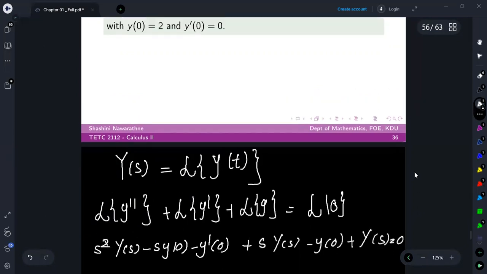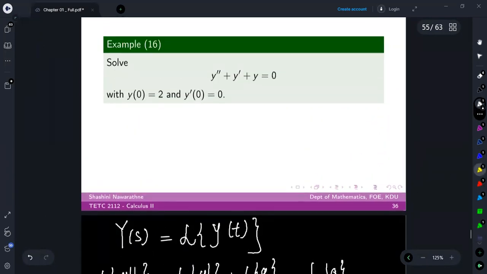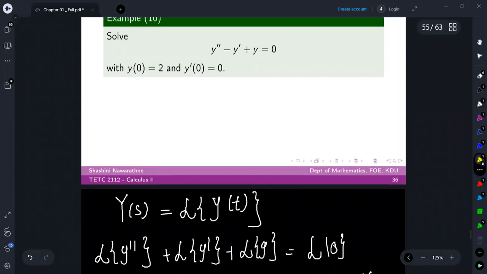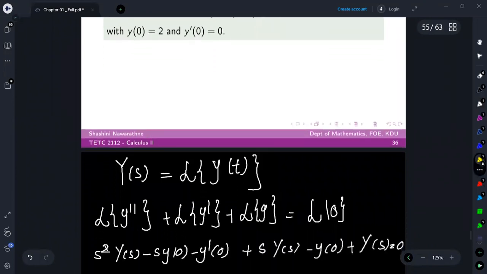And we need to substitute the initial conditions. When t is equal to 0, y is equal to 2. So this goes to 2, and this is equal to 0, and this goes to 2.